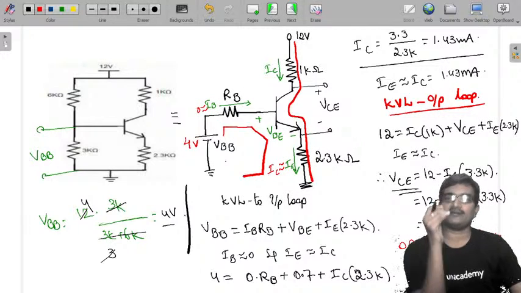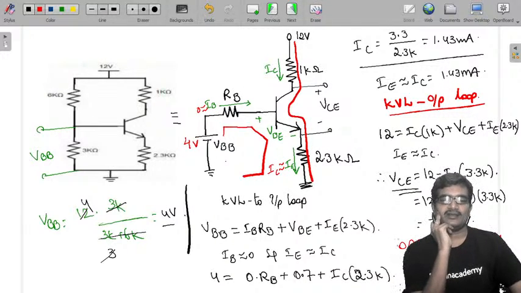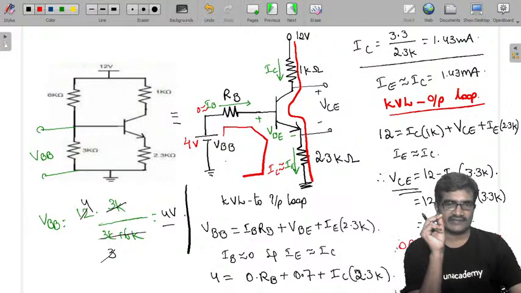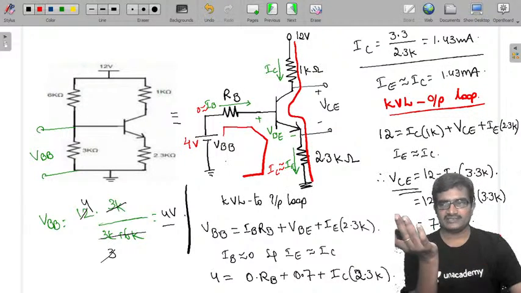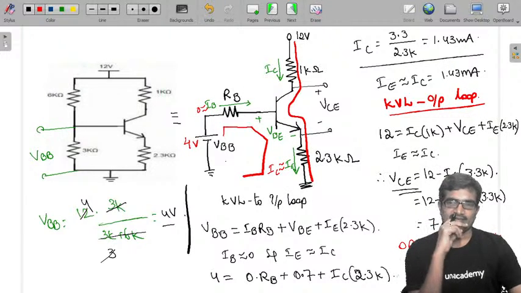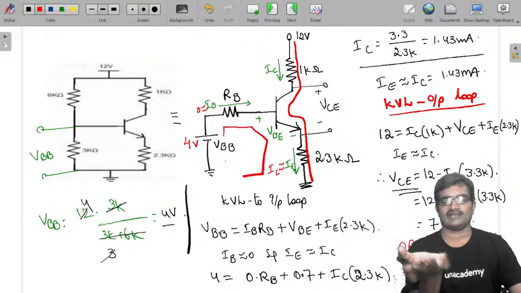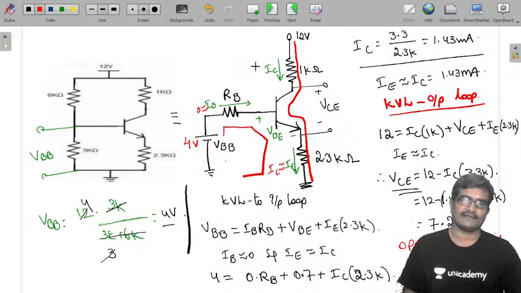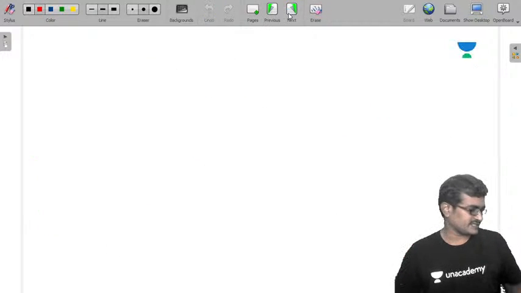So this is the way to calculate the operating point when beta is given as high or very high. Once they give a beta value, you need to calculate IB. But in this case, no need to calculate IB. IB is approximately 0. Your calculation part is decreasing. Okay, so next one.